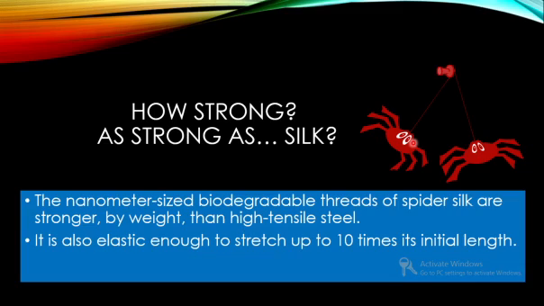These threads are actually nanometer-sized biodegradable threads of spider silk, and they are stronger, have high tensile strength, and are elastic, able to stretch up to 10 times their initial length. So all these materials, usually found in nature as super materials, are in the size of nano dimension.